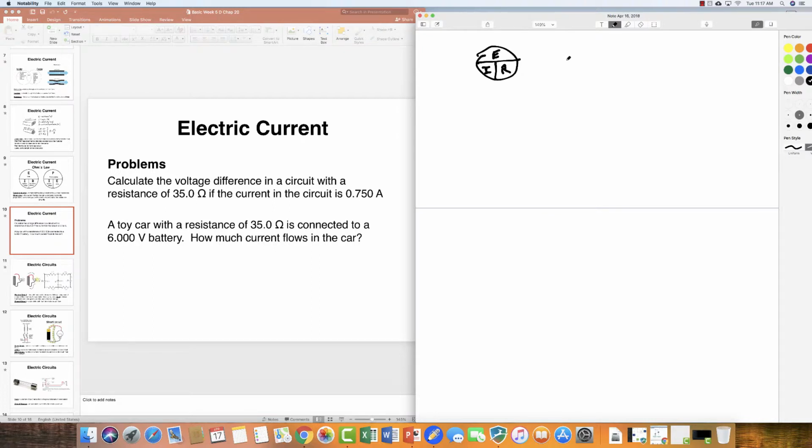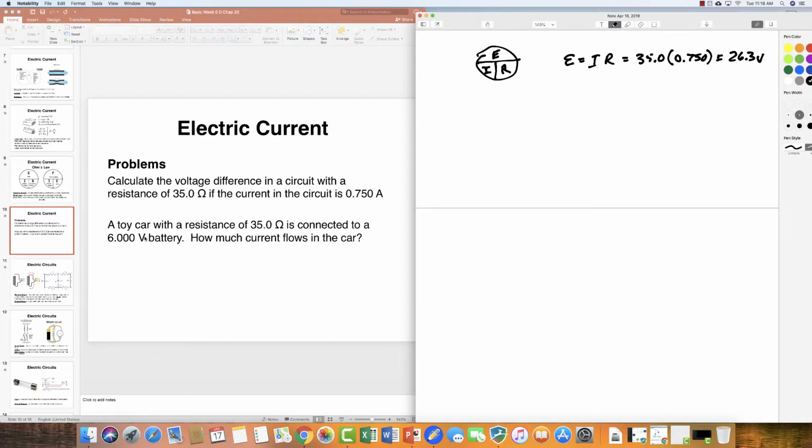So that means we want to calculate the voltage. So E is equal to IR. And so that's going to be equal to 35.0 times 0.75. That's equal to 26.3 volts to 3 significant figures.